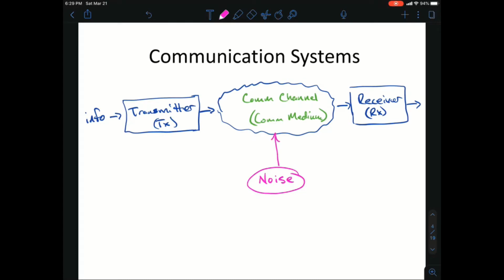It is interference that's introduced inside the communications channel, and it can also be introduced at the transmitter and at the receiver as well, but primarily right here on the communications channel. So these are your four portions of your communication system: your transmitter, your communications channel, your receiver, and your noise.